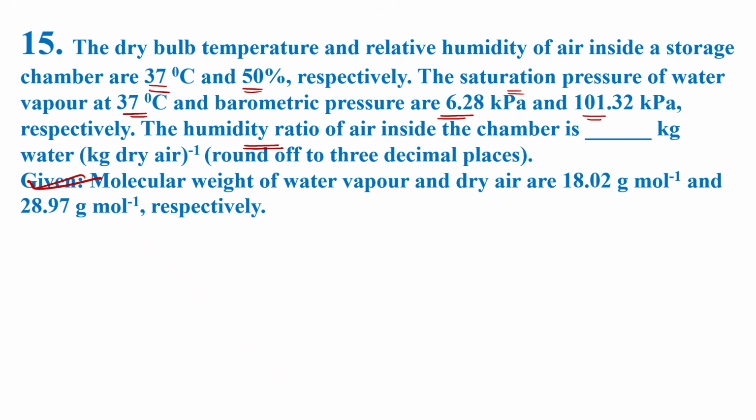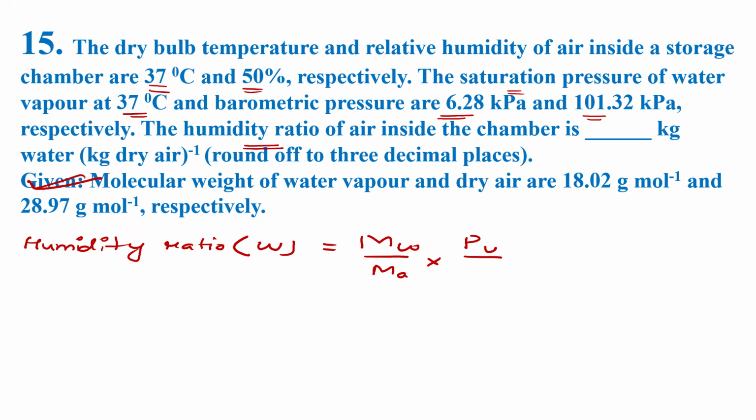So for calculating the humidity ratio, that is W, we know the formula: MW by MA into PV by P minus PV. First we have to calculate PV, and to calculate PV we know it is relative humidity into PSAT.